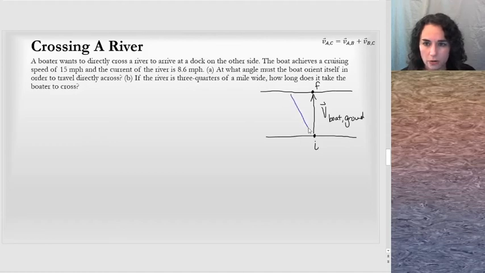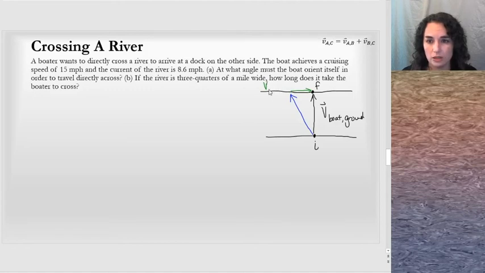If I point the boat into the current the whole time, the current will push back down the river, and the boater will end up at the final point right here. Let me fill that in. I was talking about it, but I didn't fill it in yet.